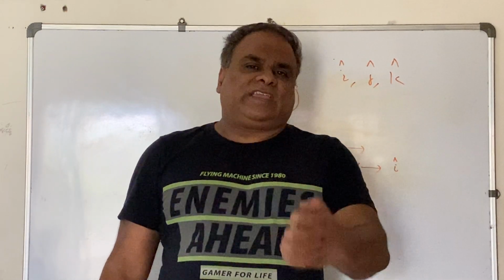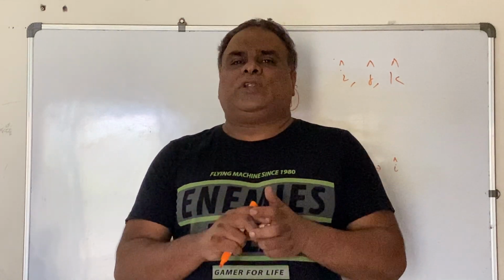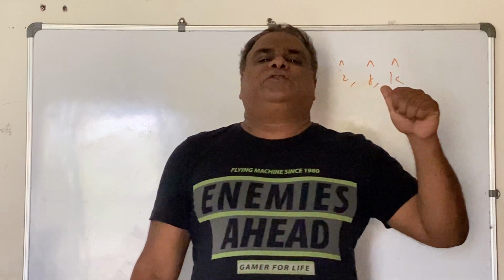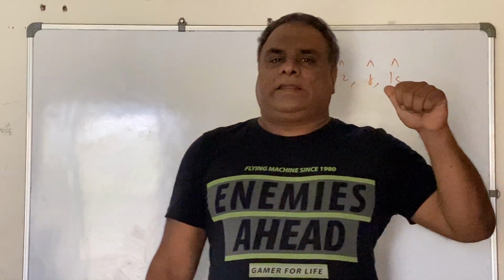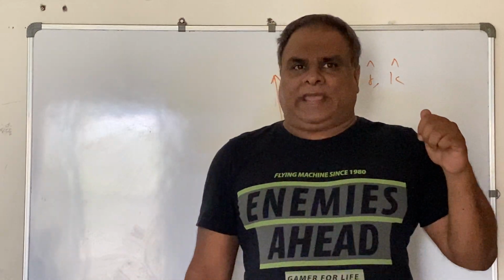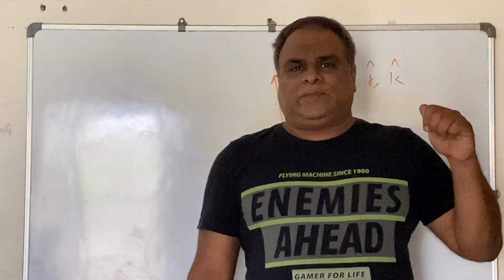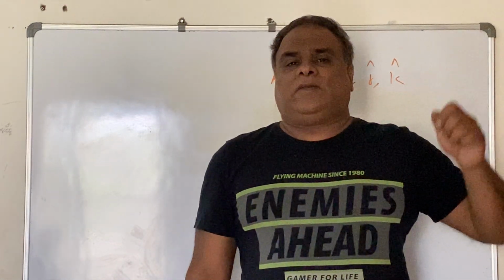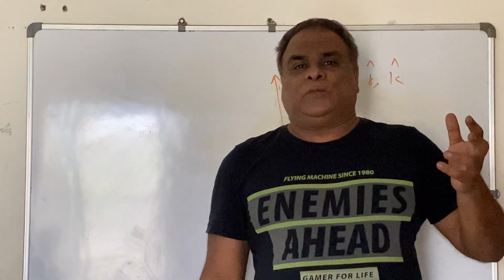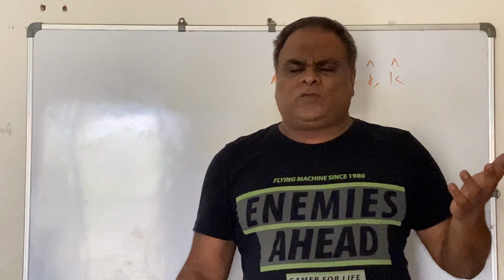To summarize, today we discussed equality of vectors. Equality of vectors means if two vectors are equal in magnitude and have the same direction also, we call them equal vectors. What is a zero vector? A vector whose magnitude is 0 is known as a zero vector. When do we use it?